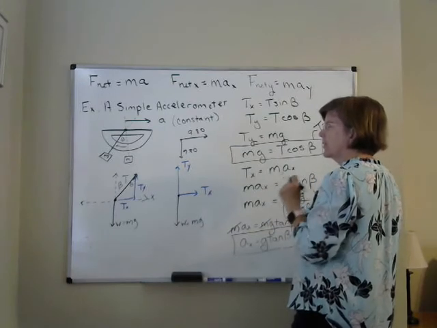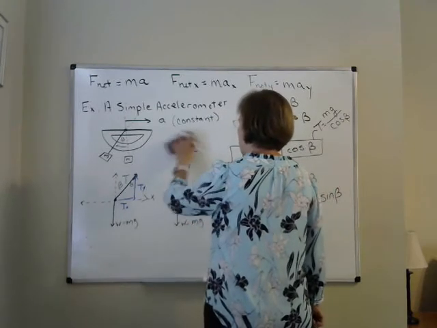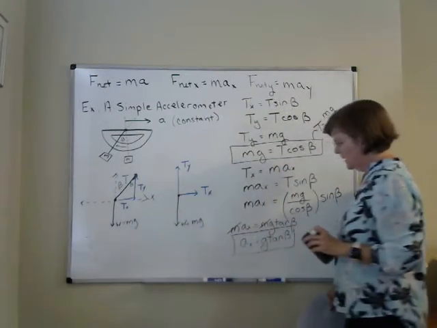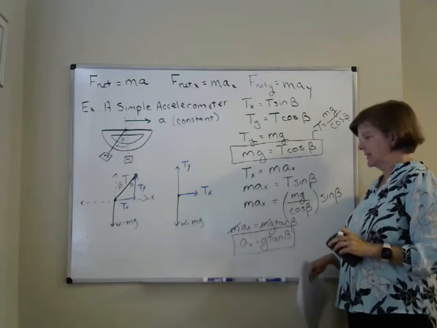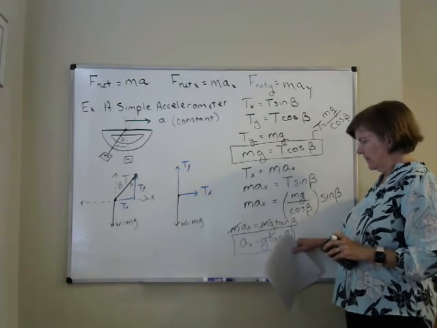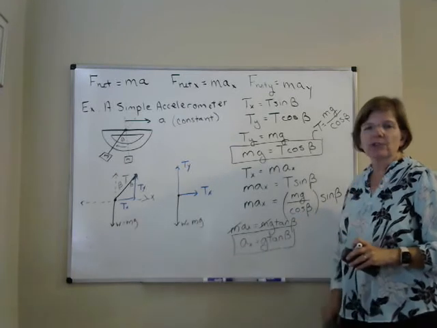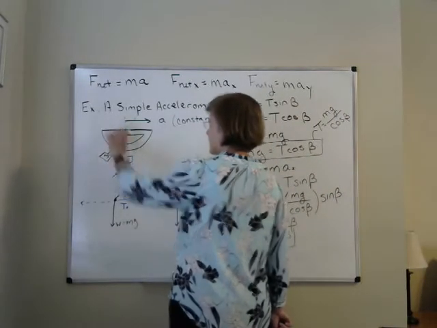It makes perfect sense that the angle is 45 degrees. Notice I cannot get it to go all the way to 90 degrees. In order to go to 90 degrees, I'd have to have the acceleration reach infinity. So it will never go where it's straight out here at 90 degrees.